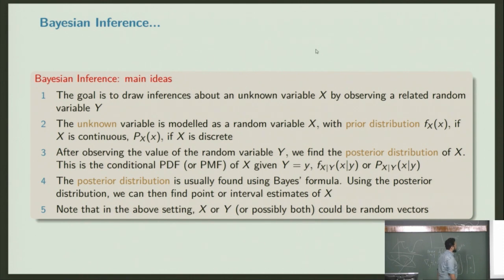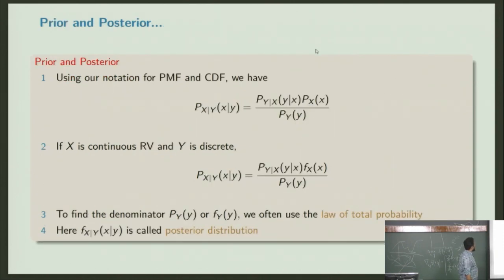The posterior distribution is usually found using the Bayes formula, which relates x given y to y given x. That's how we are going to estimate the PMF using the Bayes rule, given some prior on x.